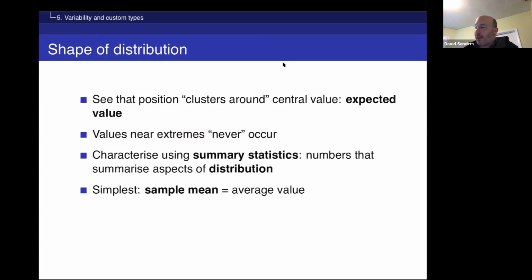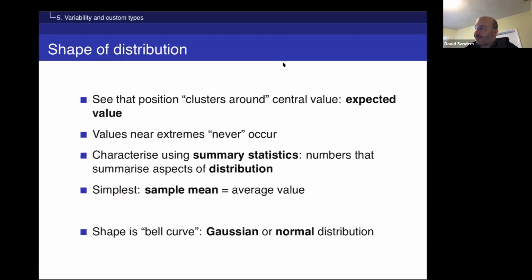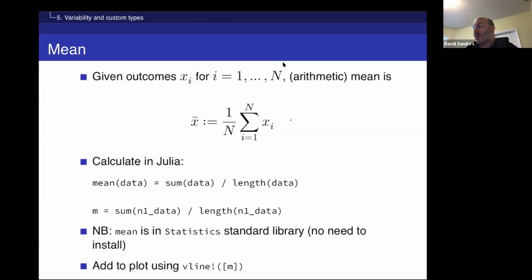One of the simplest things we want to calculate is the sample mean, or the average value. And how do we do that? We just do the standard calculation of the arithmetic mean of the data. So we have data points, which are the outcomes, the results of running the simulation some number N, capital N, times.